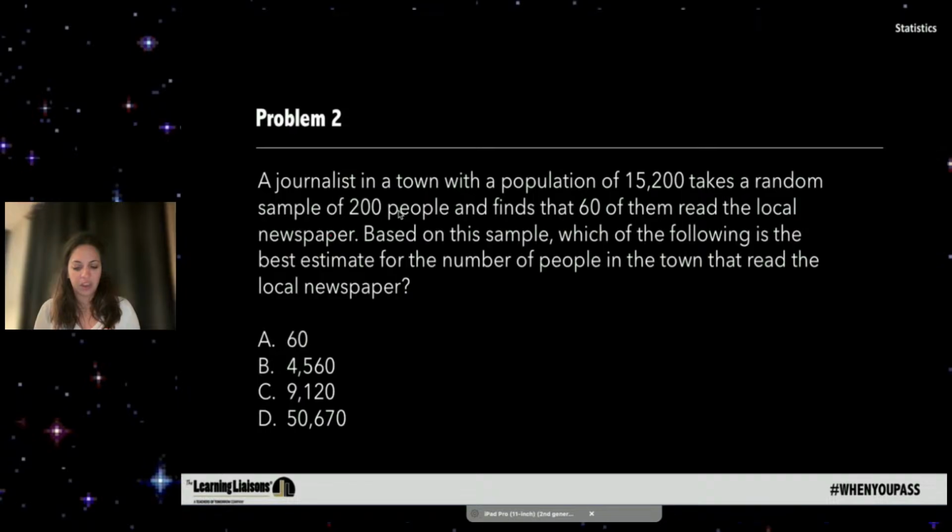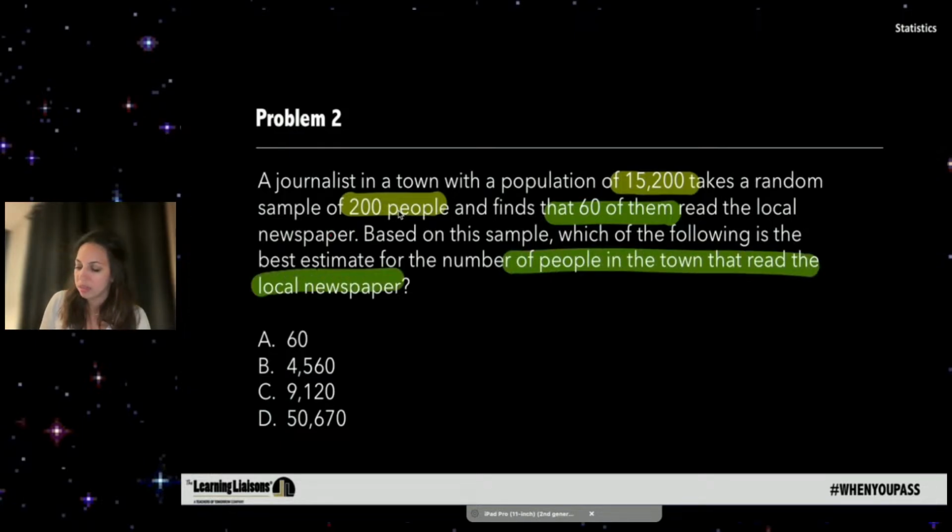We're looking for a very elementary version of a statistics proportion problem. So we have a total population of 15,200, and we take a sample, and the sample total is 200. 60 of them read the newspaper, and we want to know how many people in the town read the newspaper.